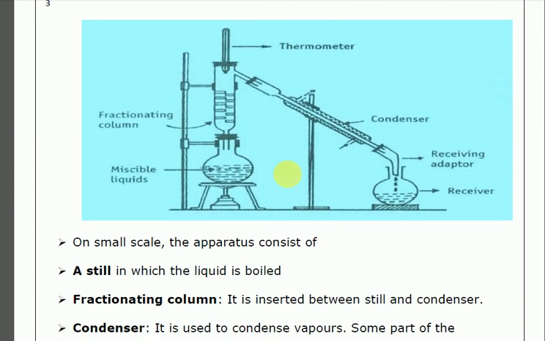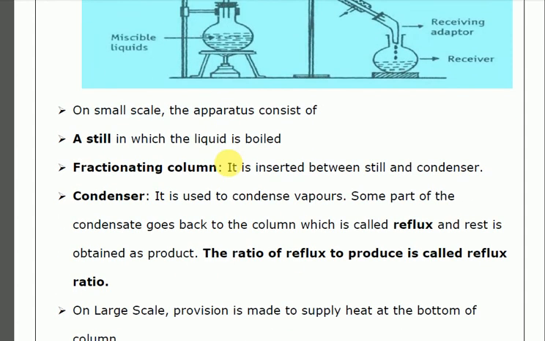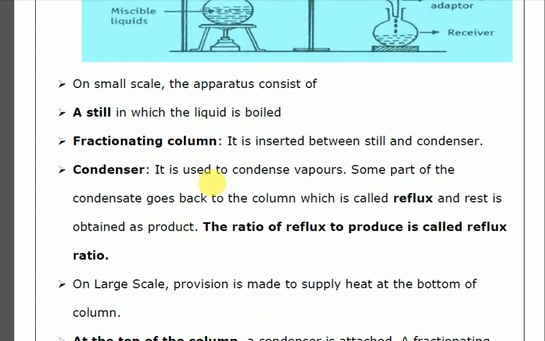The apparatus is almost similar, only we need to study here the fractionating column in detail. A still in which a liquid is boiled, and the fractionating column is inserted between the still and the condenser. We have already seen in the diagram the condenser. It is used to condense vapors.